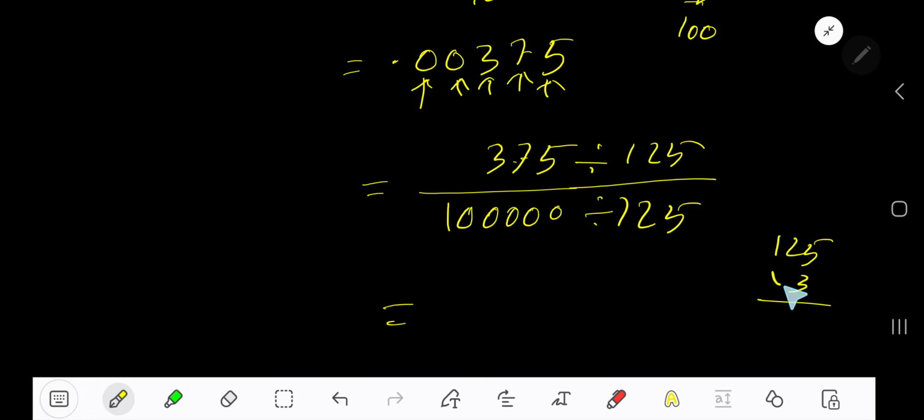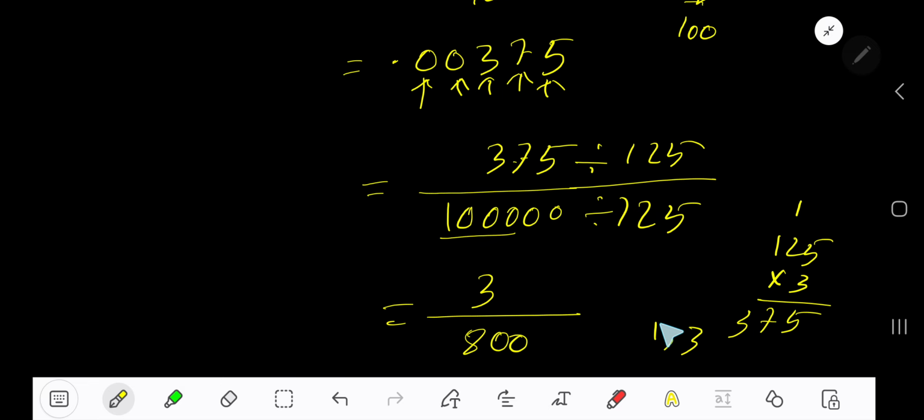Look here, 125 goes into 1000 8 times, then add 2 zeros, giving 800. This 3 is a prime number, so it has only two factors, 1 and 3. So the common factor between 800 and 3 is just 1. So if you divide both by 1, you will get this. So this is the simplest form.